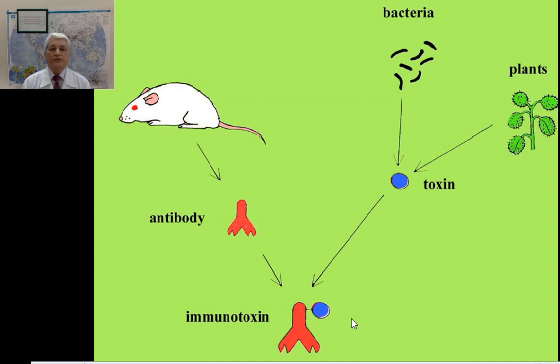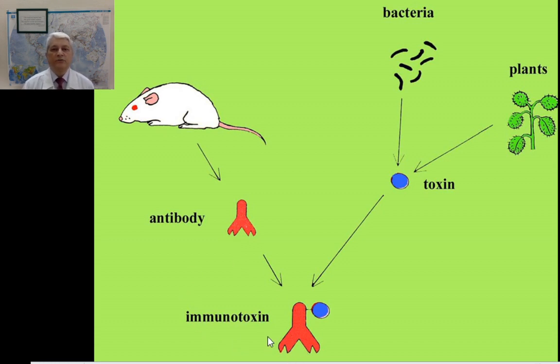If we inject such a molecule to the patient, these monoclonal antibodies will find, for example, malignant tumor cells in the body of the patient, and this poison will kill them. So in this case, we can decrease the amount of the drug which we use against the malignant tumor, because it is coming only to the pathological cells.